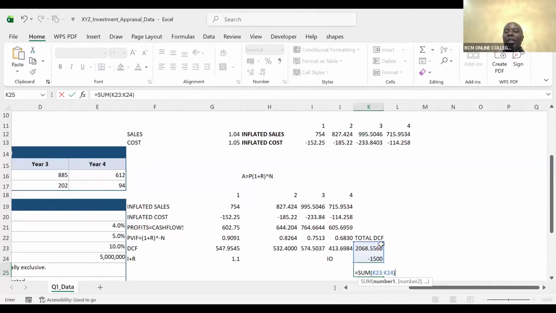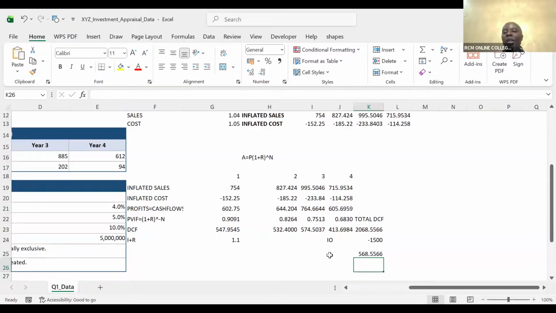And then this is what we call net present value. Maybe you could have gotten 569, another person 567, depending on the number of decimal places you took. But at least we should be getting something, ladies and gentlemen.